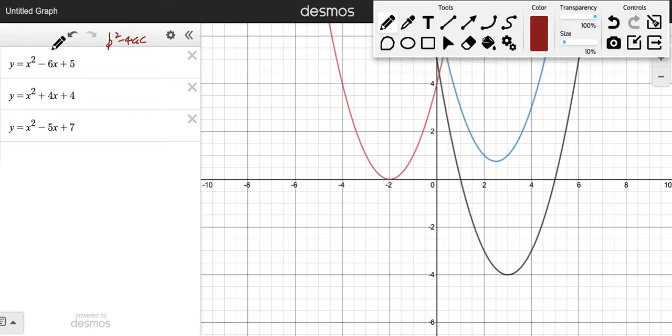We know for this b is -6, a is 1, c is 5. So b squared minus 4ac for this case is going to be -6 squared minus 4 times 1 times 5. So it's going to be 36 minus 20, which is 16. It is positive, so we indicate 2 roots.